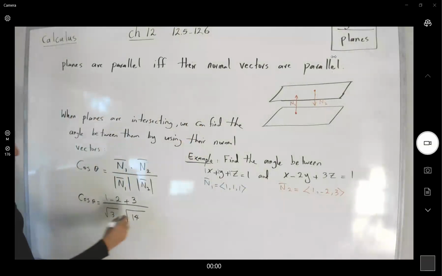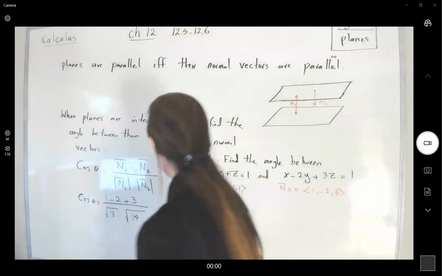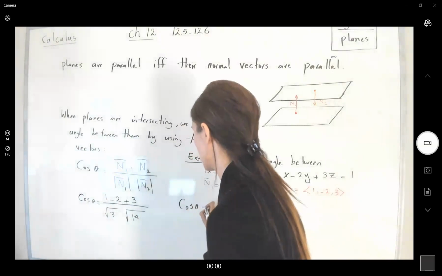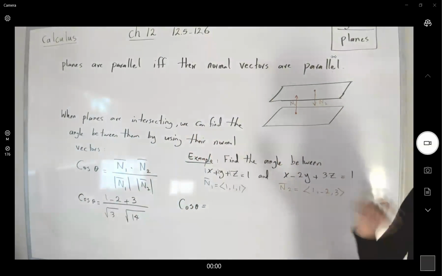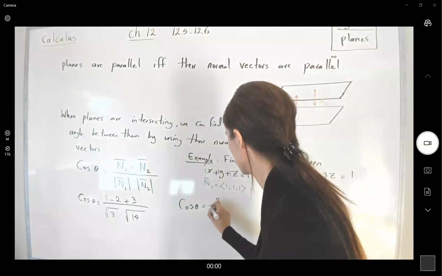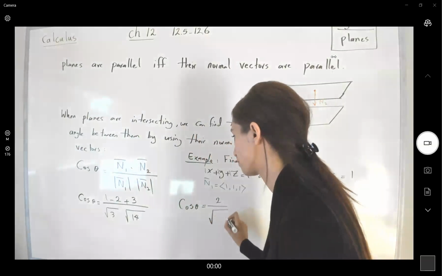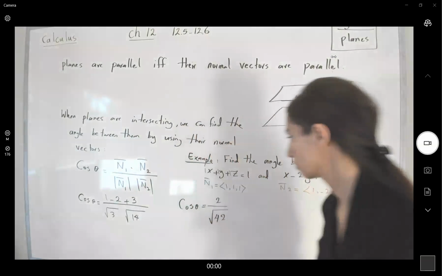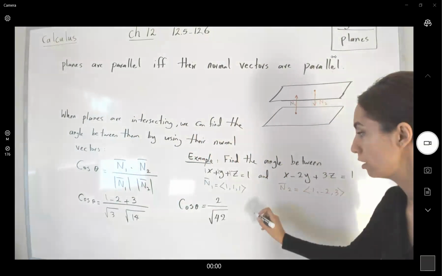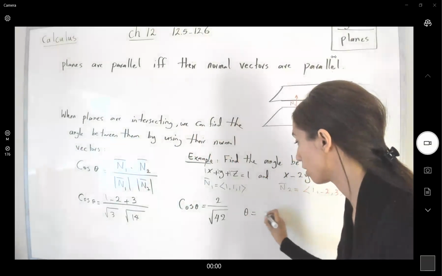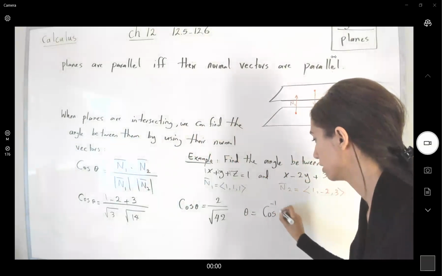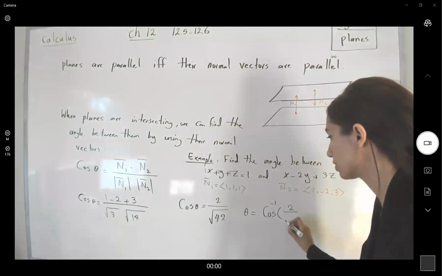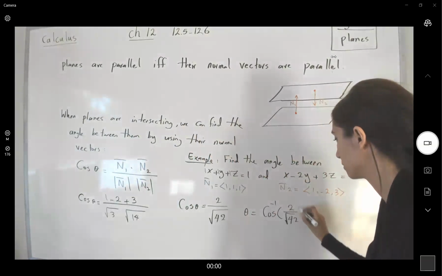Okay, so cosine theta is equal to 2 divided by square root of 42. Now to find theta, we need to find the inverse cosine of this fraction using a calculator.